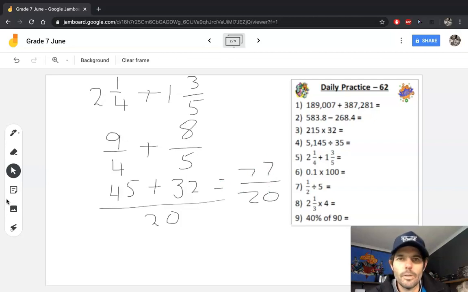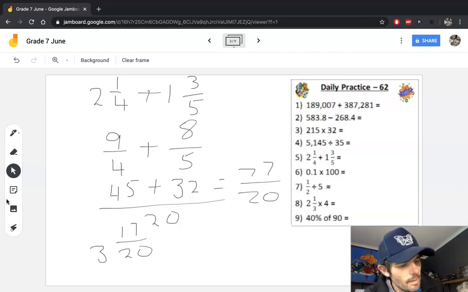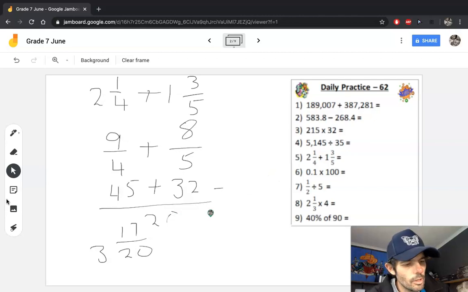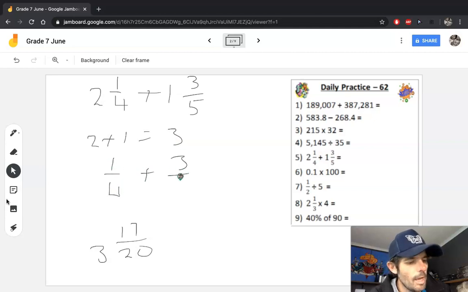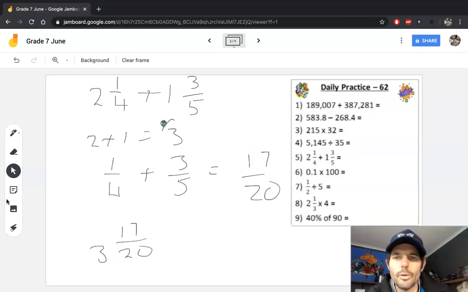And if you needed to convert that to a mixed number, 20 goes into 77 3 times, with the remainder of 17 over 20. You can also, if you so wish, leave them as mixed fractions, and you can go 2 plus 1 is 3, and then simply add the quarter and the 3/5, and you'll get the same answer of 17 over 20, and then you must just remember to include the 3 whole numbers in your answer. So you've got 2 options to work with there.